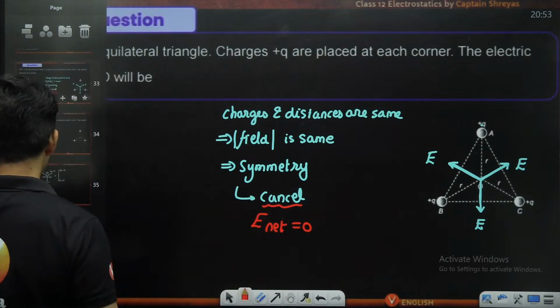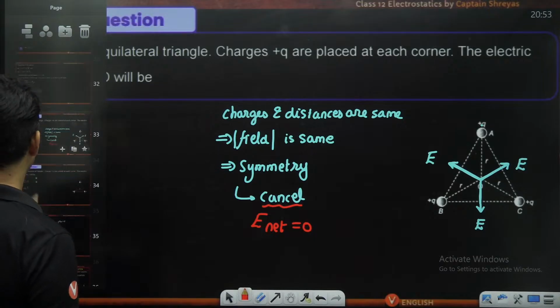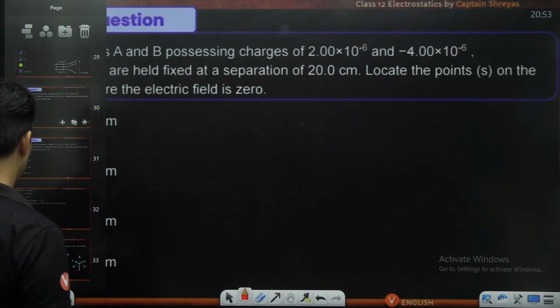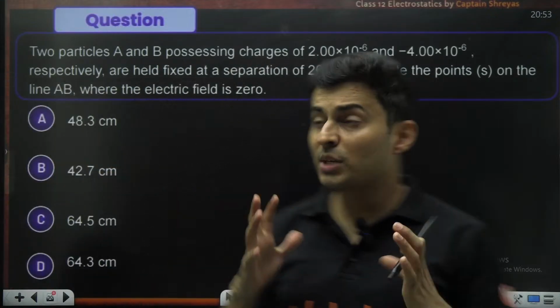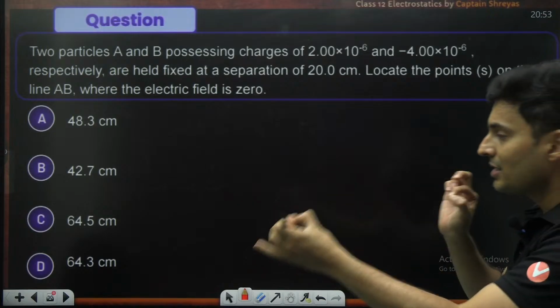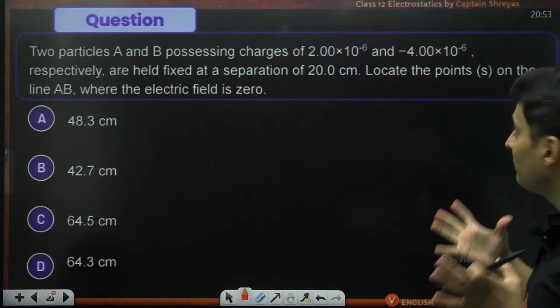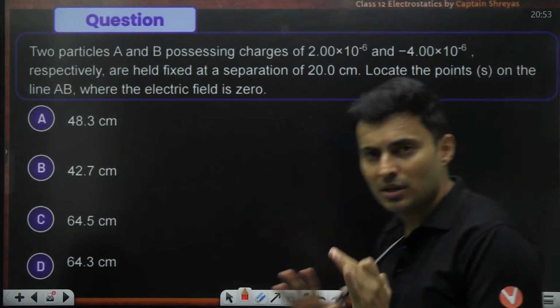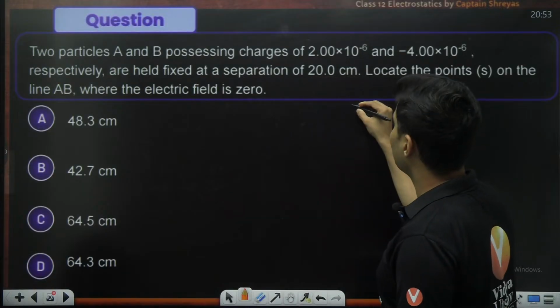Let's do another question which is going to come up on your screen. Let's see if you guys can do this. Two particles A and B which possess charges 2 micro Coulomb and negative 4 micro Coulomb are held at a distance of 20 centimeter. Locate the point where the net field is 0. These kind of questions are also very, very common. So let's first draw the system so that we understand it.